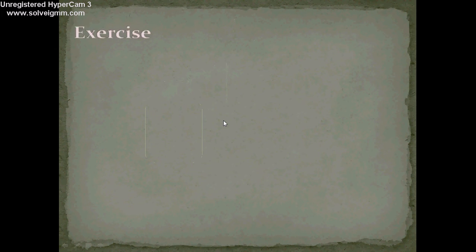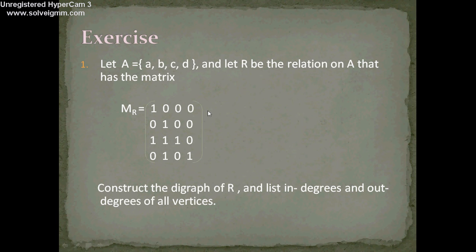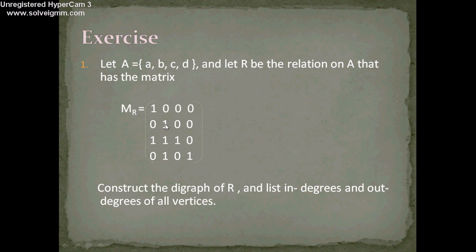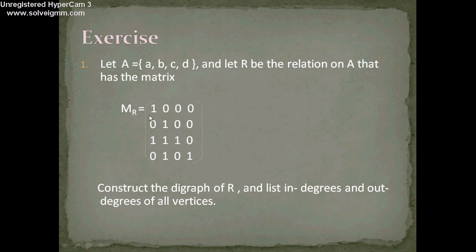Now there is a short exercise for you. Let A equal {a, b, c, d} and let R be the relation on A that has this matrix. Another way of representing relations is through a matrix. The rows and columns both correspond to the elements of the set, and if two elements are related, we have 1 in that place.